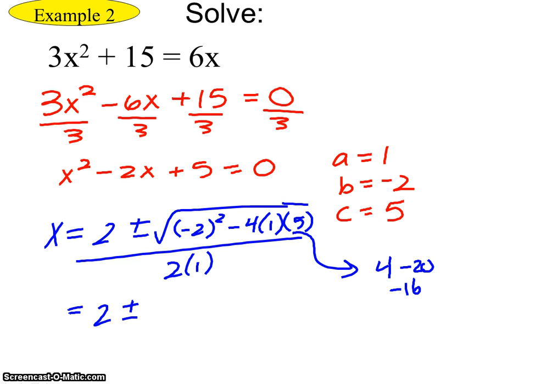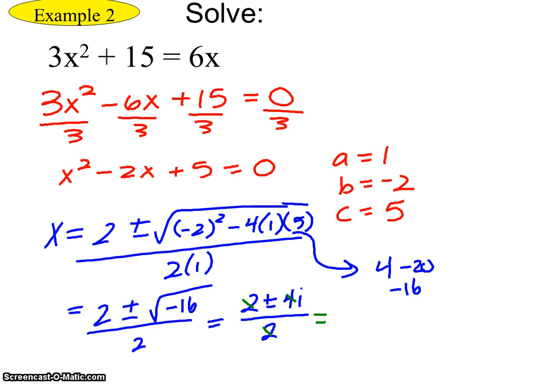That gives you a negative 16. So then underneath the radical should be a negative 16 all over 2. Okay, now we have studied imaginary numbers, so the negative's going to come out, and so is the 16. It would give you 4i. And all three of these, it must be all three, have a factor of 2, so it's going to be 1 plus or minus 2i for these solutions.